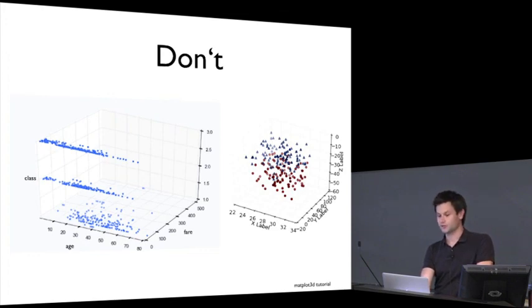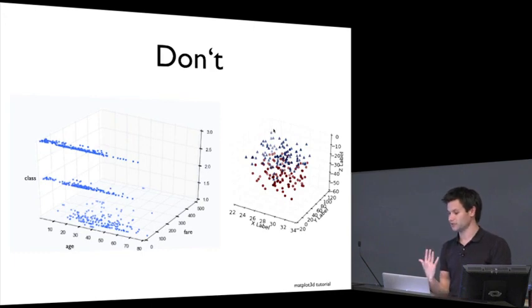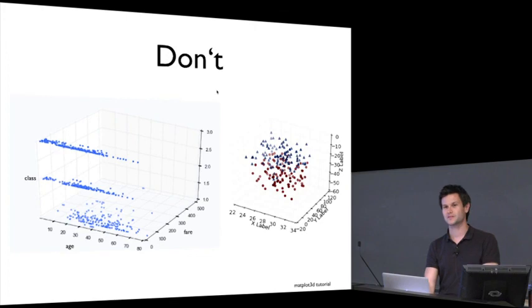And again, don't use 3D plots. The problem, I can summarize it here, is of course occlusion. Without rotating this plot, there is a good chance that some parts of the plot are hidden by other parts which are plotted closer to the viewer. And you also have perspective distortion.